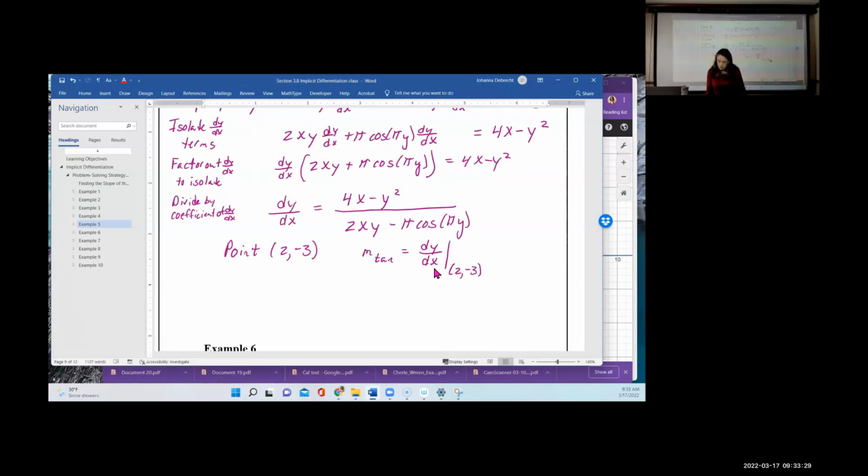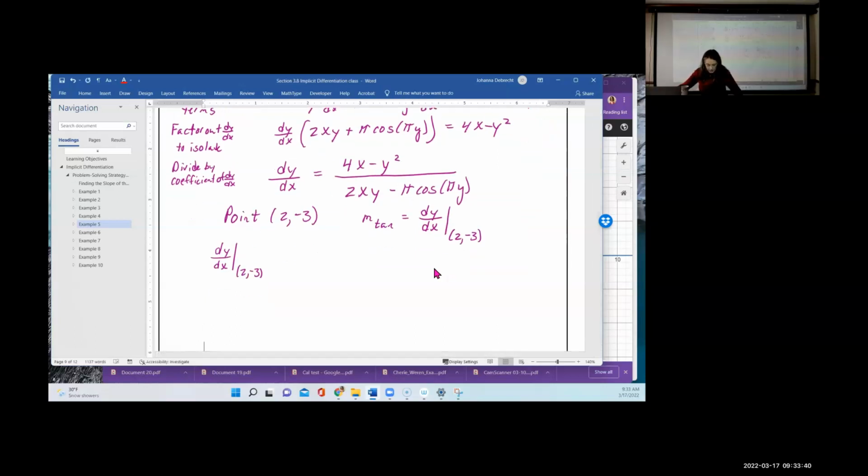So we're going to plug in the point. So dy/dx at (2, -3), and I'm probably going to need another couple lines for the equation, is going to give me 4 times 2 minus a -3 squared. Do not do this in your head.